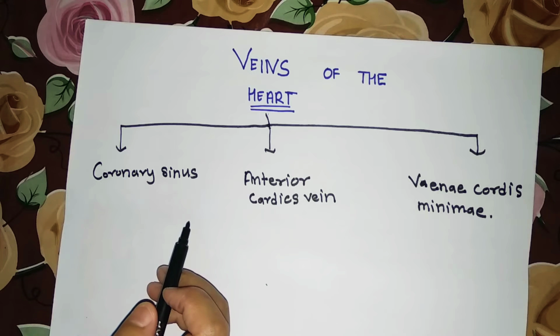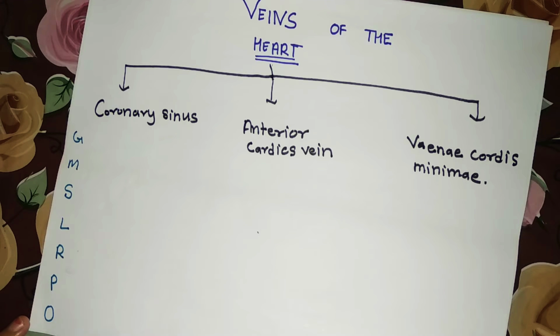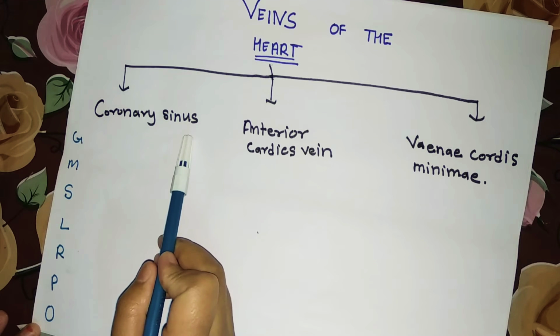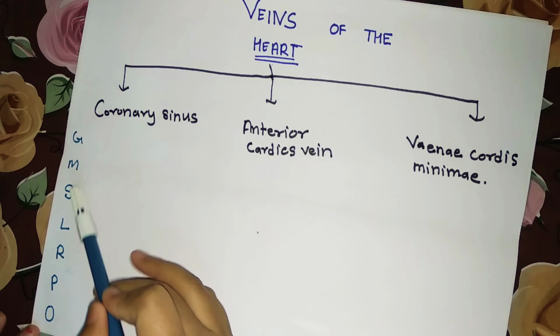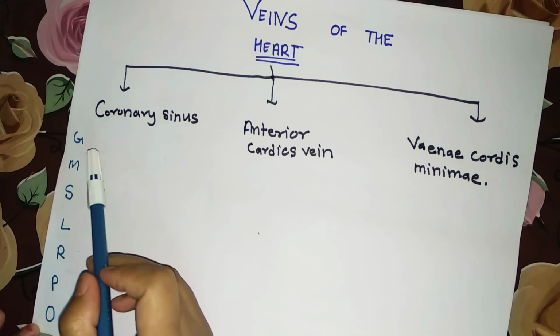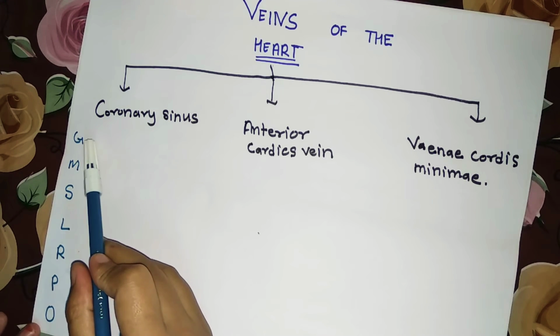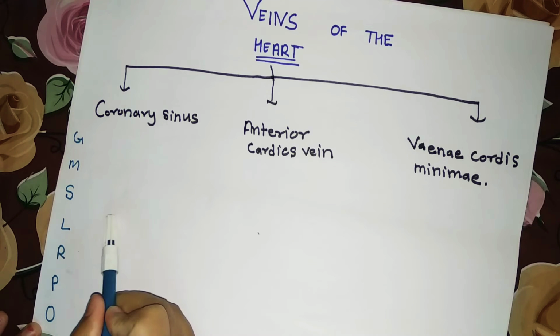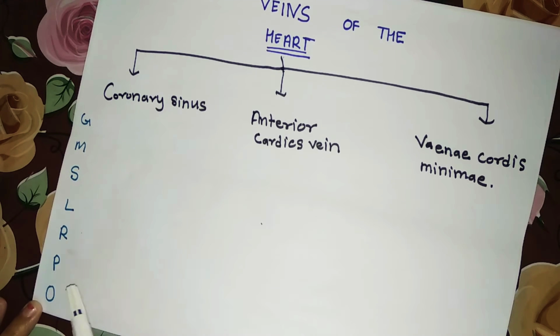I have made an easy way to remember the 7 tributaries of the coronary sinus. That is GMSLRPO. The mnemonic is: Great Man Say, Leave Rich People Out.